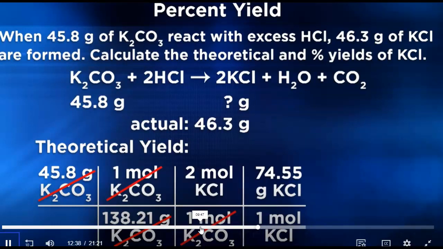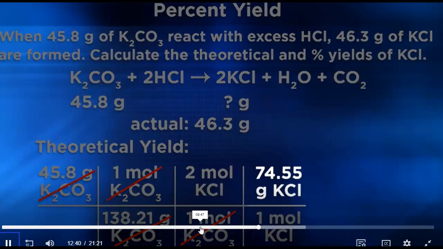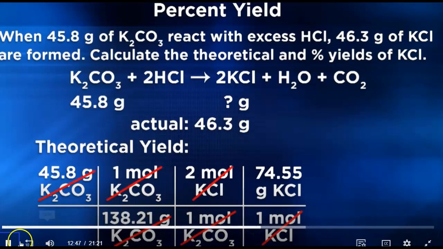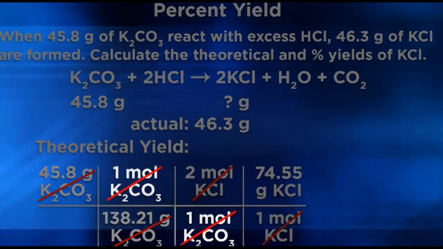Then we can use the molar mass of potassium chloride, 74.55 grams, to convert to grams in this last step. Notice that we're canceling our units, grams of potassium carbonate and moles of potassium carbonate, along the way.